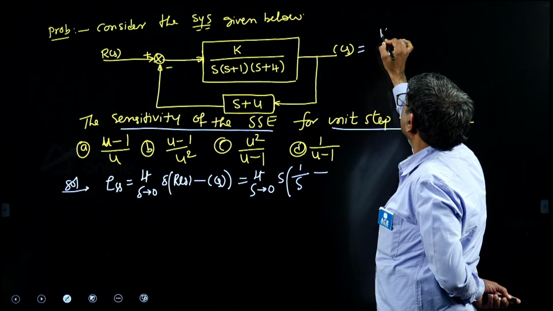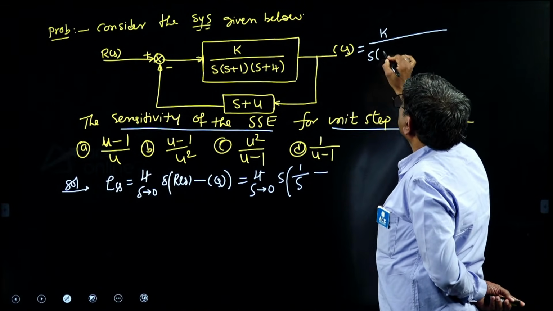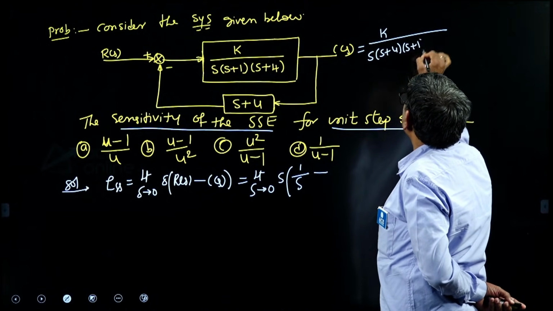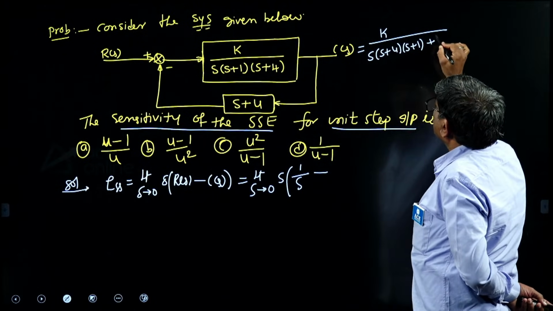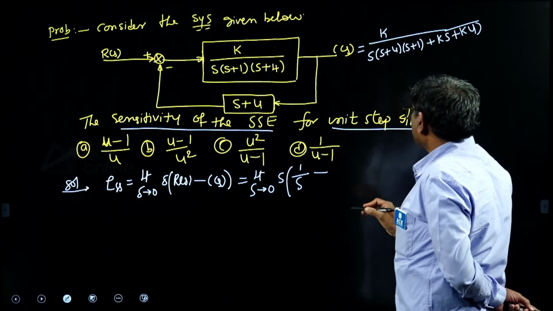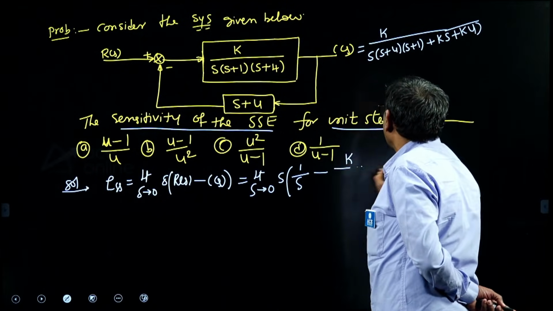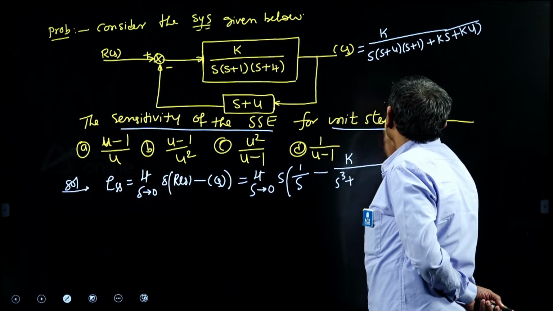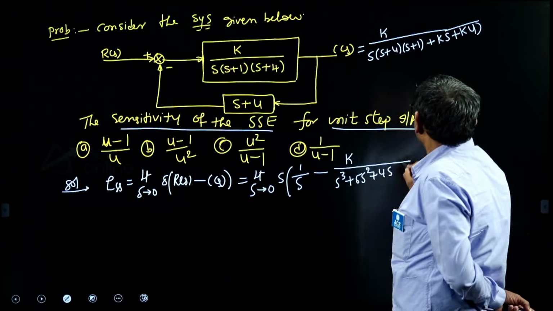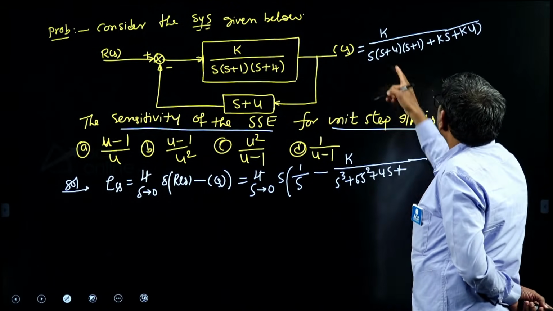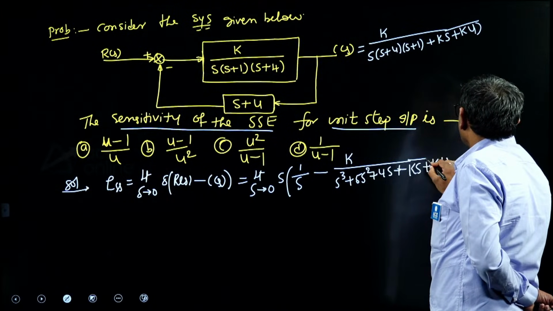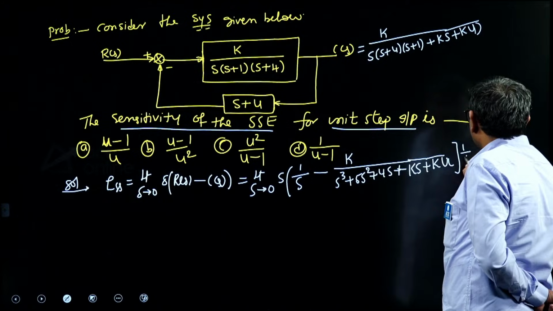C of s, what will I get? K by s into (s plus 4)(s plus 1), I will write, plus ks plus ku, that is the closed loop transfer function. Then I can write here K by s cube plus 5 s square plus 4 s plus ks plus ku, into 1 by s.